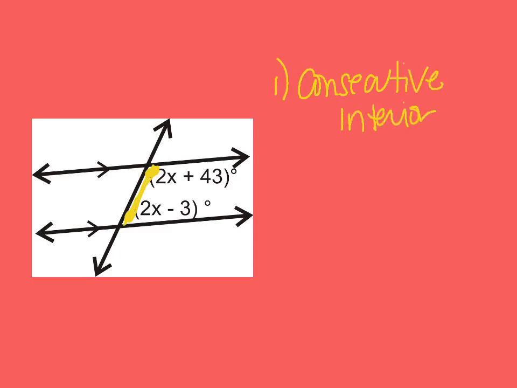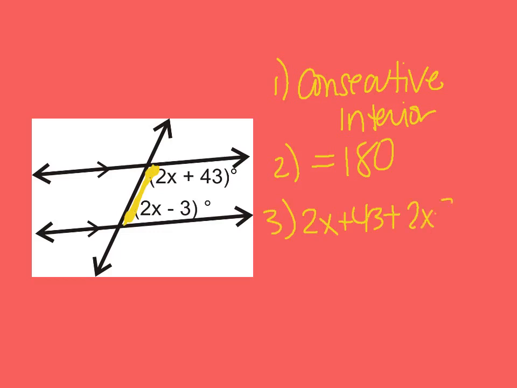This is the only pair of angles that are different. They're not equal to each other, but they add up to 180. So we're going to add them together. 2x plus 43 plus 2x minus 3 equals 180. Or part plus part equals 180. Only one that's different.